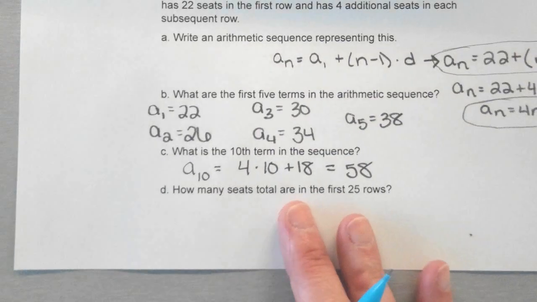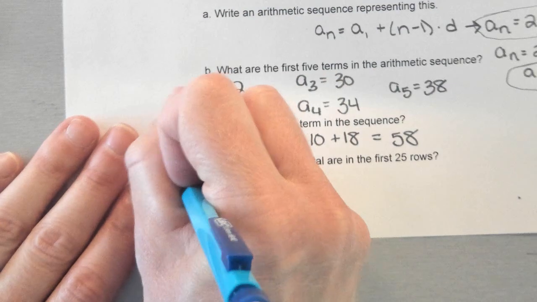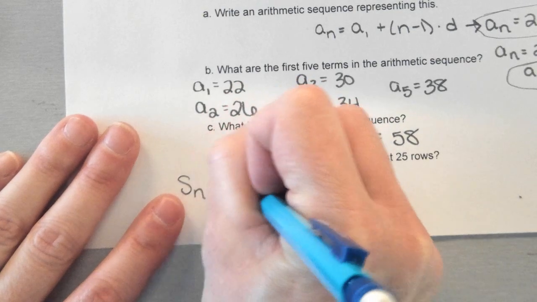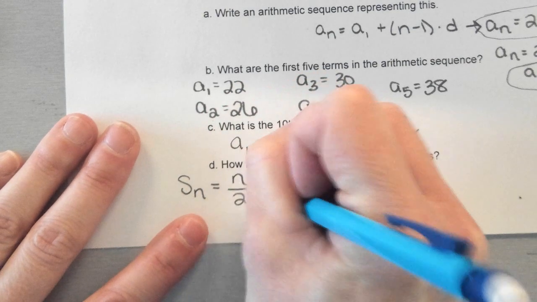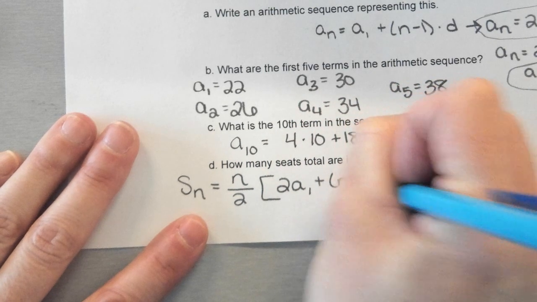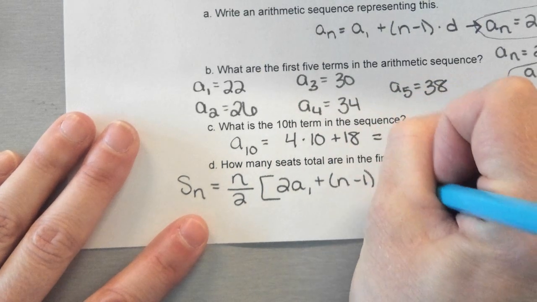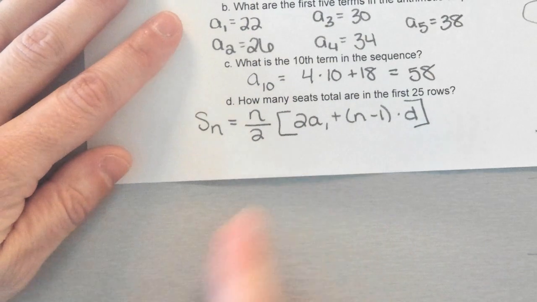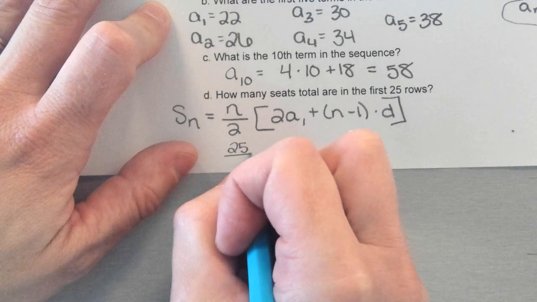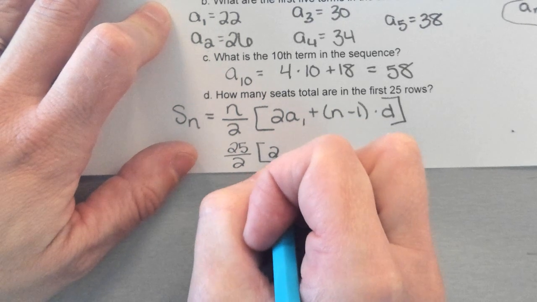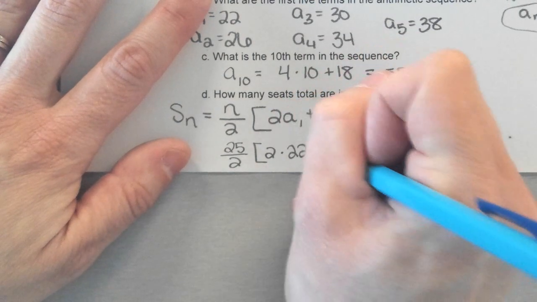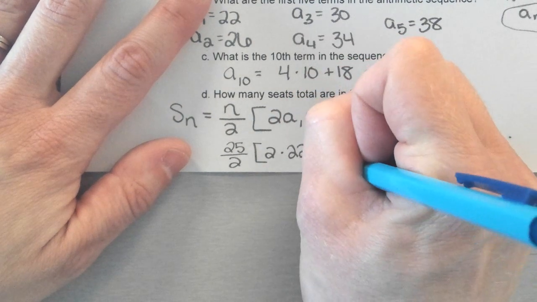Alright. Here we go. So in the first 25 rows, I think I'm going to use this formula because then I don't have to calculate anything. The n over 2 times 2a1 plus n minus 1 times the constant difference. Okay, what goes in for n for this problem? 25. So 25 divided by 2, times 2 times a sub 1. What was my a sub 1? 22. There were 22 seats in the first row. Plus n minus 1.